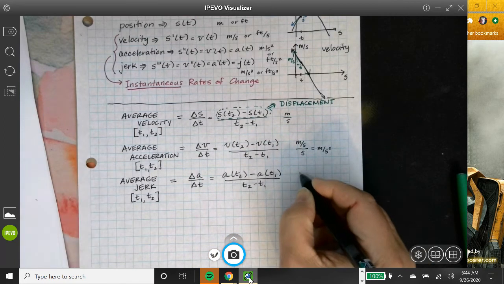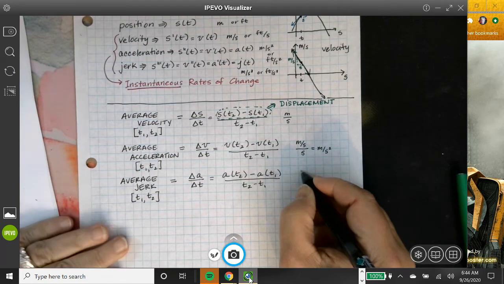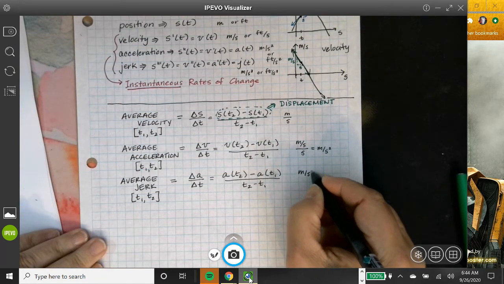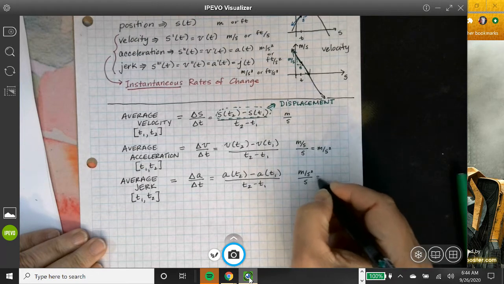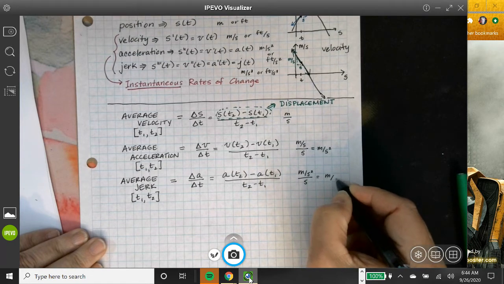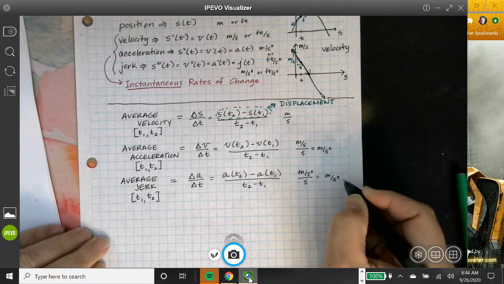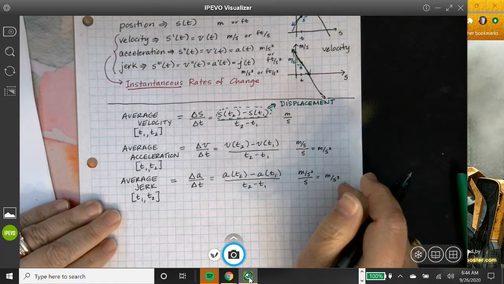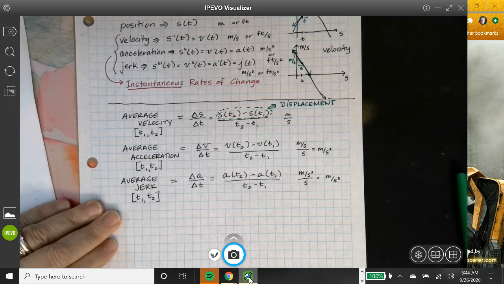And if we think about the units, in the numerator, we're going to have meters per second squared over seconds, which gives us meters per second cubed, which are the units for jerk.